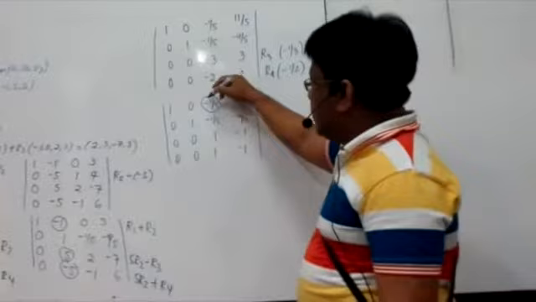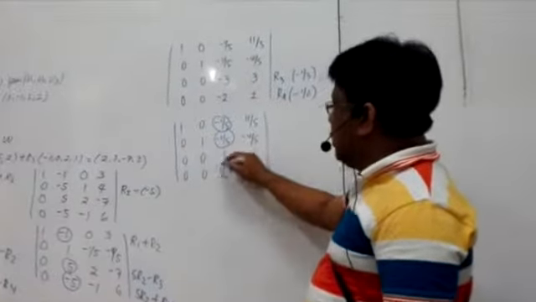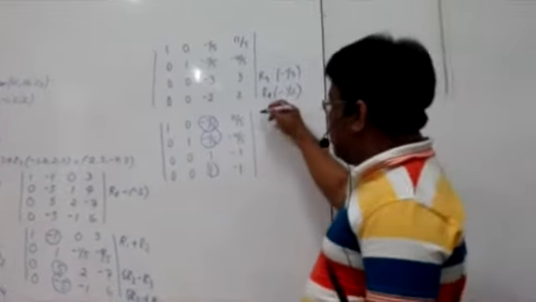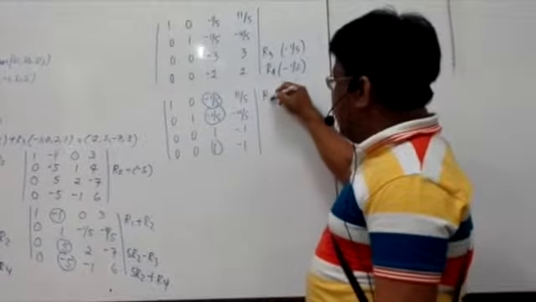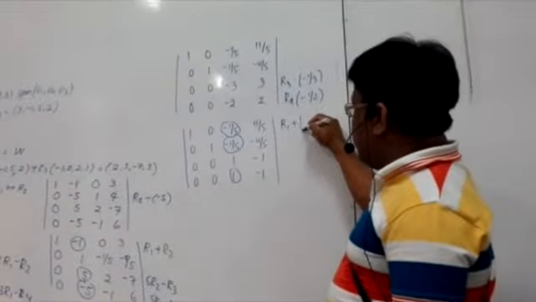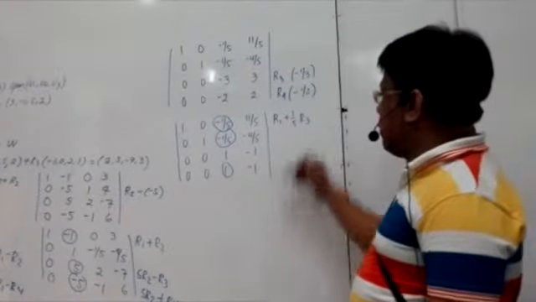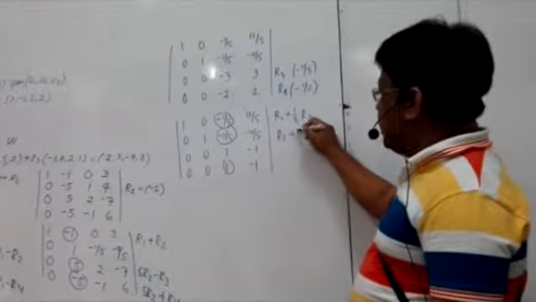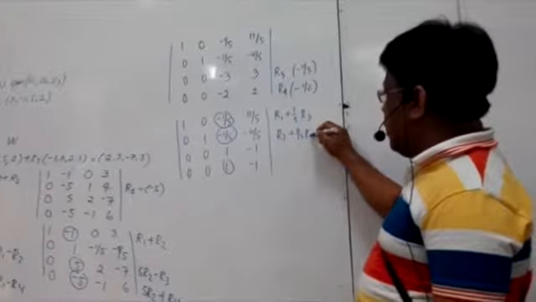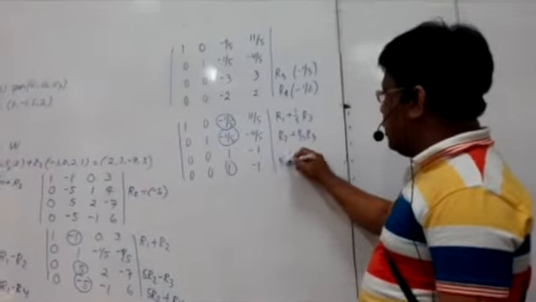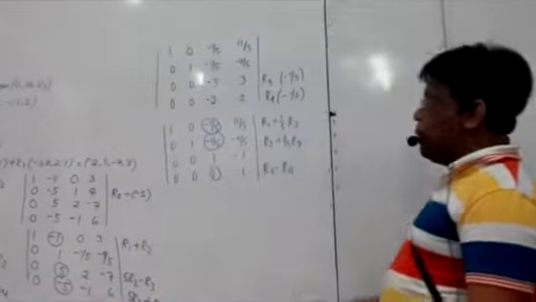Next thing to do is now to make these entries become 0. So what is now our operation? It will be R1 plus 1 fifth R3, because we have the leading one in the third row. Then R2 plus 1 fifth R3, then R3 minus R4.